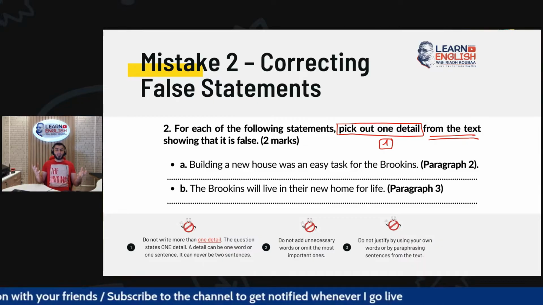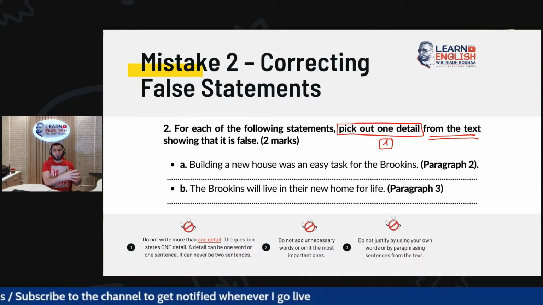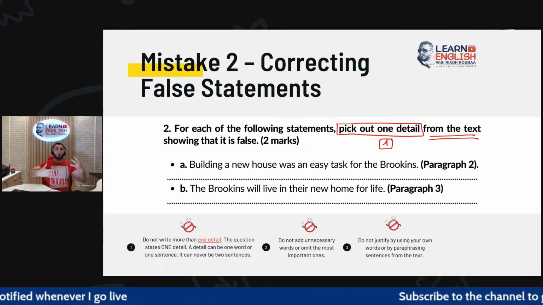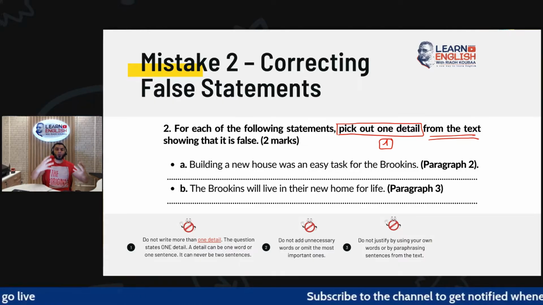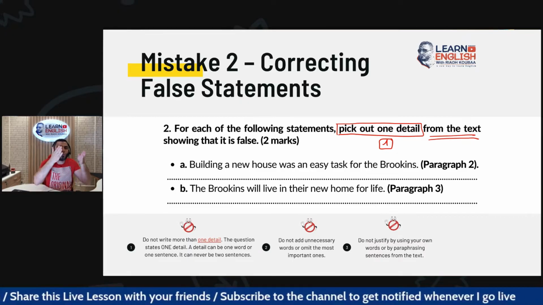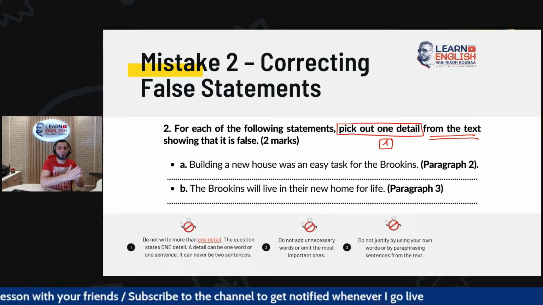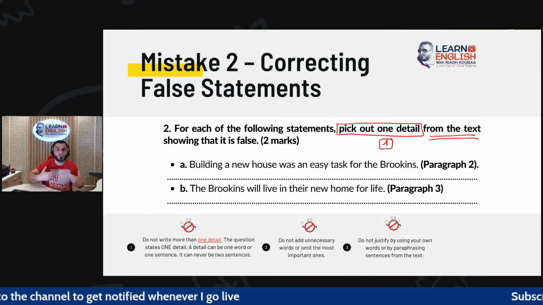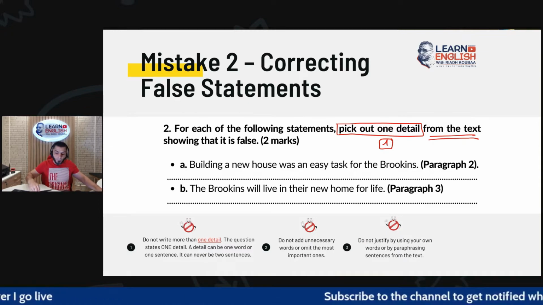What do I mean by that? For example, they find the justification from the text and then they use their own vocabulary, language, and words. So don't use your own words. Use the words as they are, 100% from the text. So it's not paraphrasing. You are not supposed to write using your own words.